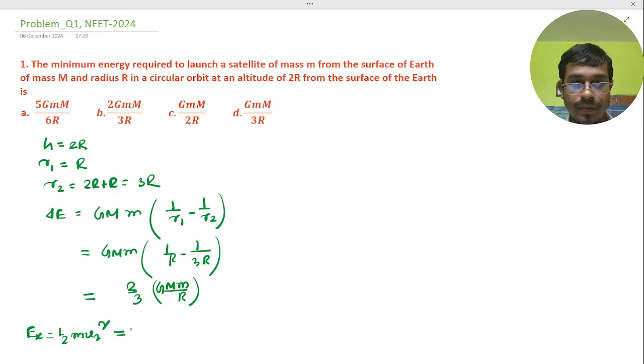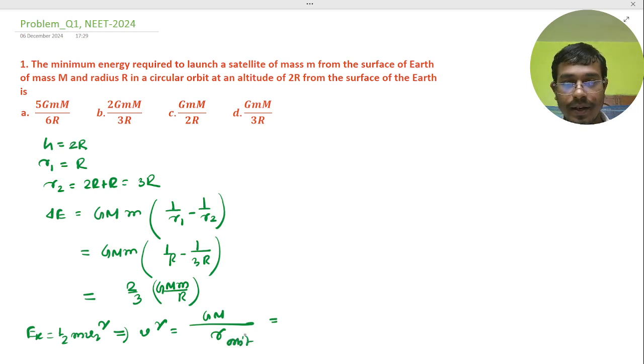So find v square is equal to GM by r orbit, and r orbit has value 3r, so put it here, and the result would become GM by 3r. So we have to find the minimum energy.